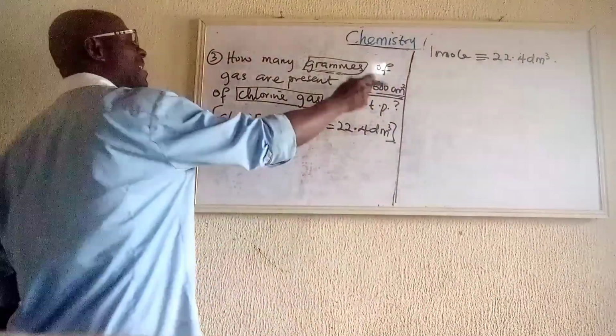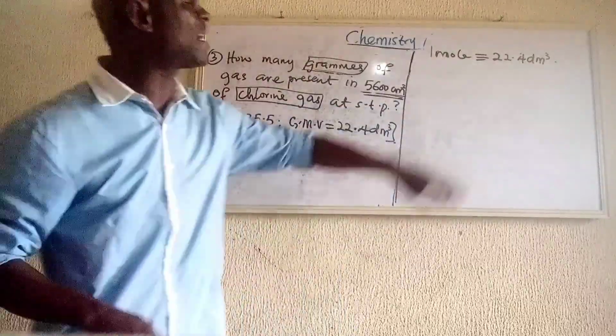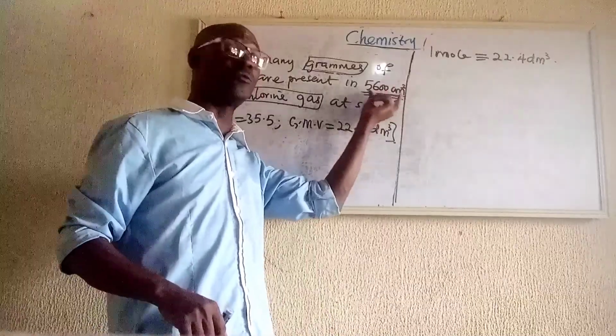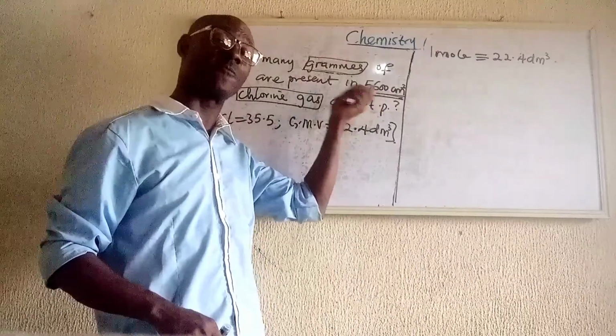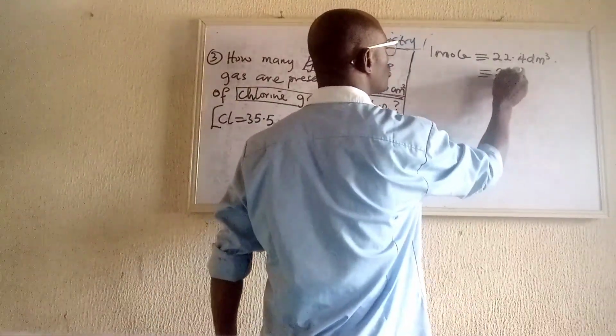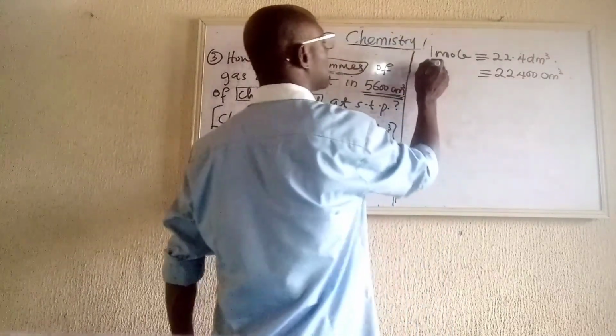But it's better I convert this one to cm cube. Why? Because the question gives me the volume in terms of cm cube. That means I should be able to leave my answer in terms of cm cube. So, which is the same thing as 22,400 cm cube. That is 1 mole.